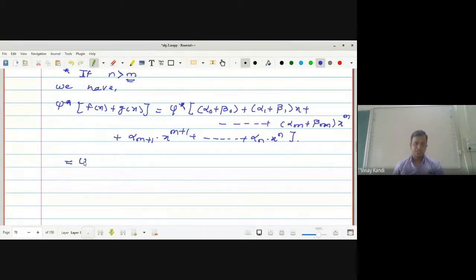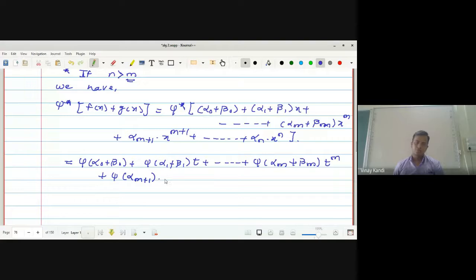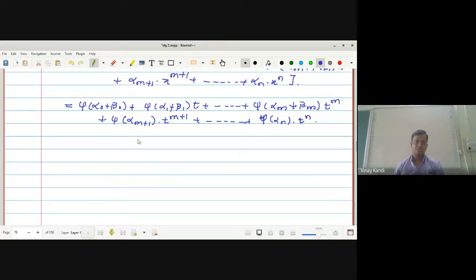Psi star is nothing but psi of, by the definition of psi star, alpha naught plus beta naught, plus psi of alpha 1 plus beta 1 t, it becomes t for x, plus up to so on psi of alpha m plus beta m t raised to m, plus psi of alpha m plus 1 into t raised to m plus 1, up to so on psi of alpha n t raised to n. Is it correct by the definition of psi star?